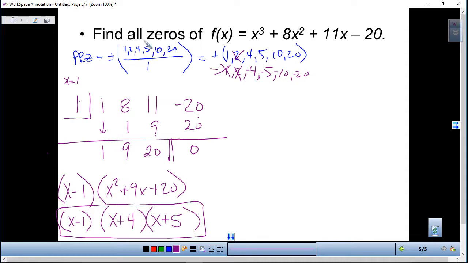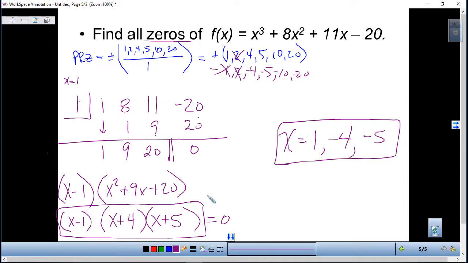Now what are all the zeros? Well, remember, for the zeros, you're just going to set this thing equal to 0 and set each one of these equal to 0 as well. So what are the zeros? X equals 1. Move the 4 over. It's going to be negative 4 and negative 5. So there are your zeros. These are your factors. These are your zeros.